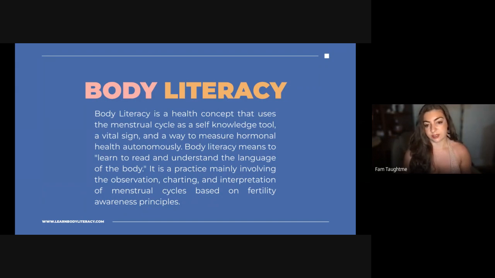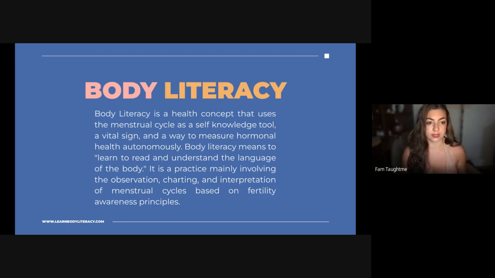So body literacy, what is it? It's a health concept that uses the menstrual cycle as a self-knowledge tool and a vital sign. And we also have a way of measuring our hormones autonomously. So without blood tests or having to visit a doctor, we can get an idea of what's going on with our hormonal pattern. So body literacy means to learn to read and understand the language of the body.